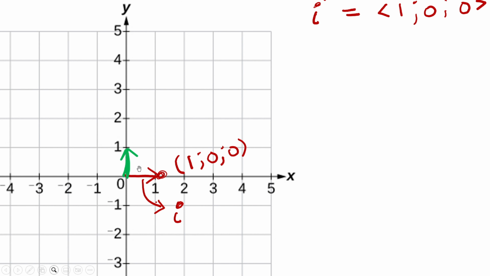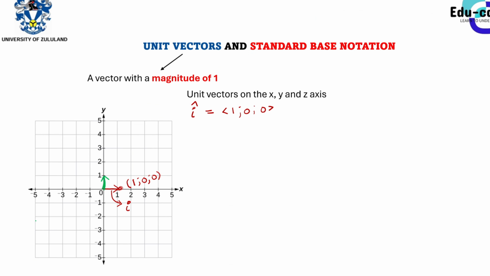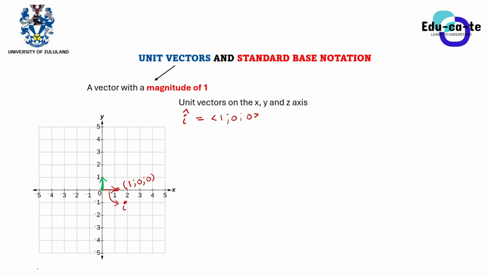So this is a unit vector as well because it has a length of 1. If your unit vector is along the y-axis, we call it j. We put a small letter j with a cap on top, and it will be given by the coordinates 0, 1, 0.